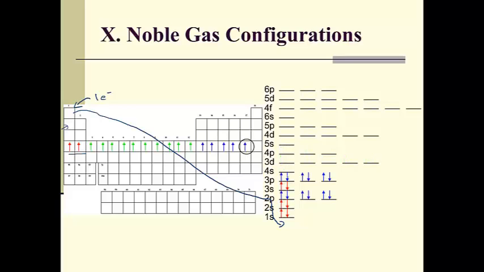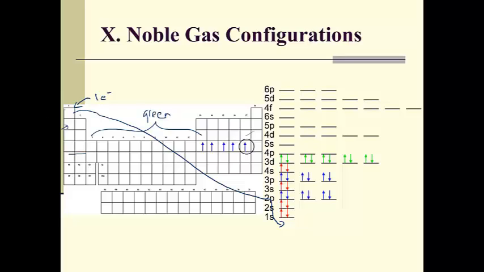Now, what did you notice about all this stuff here? Notice all the red ones always went into s orbitals. All the blue ones always went into p orbitals. All the green ones, which were this section here, this was always green.